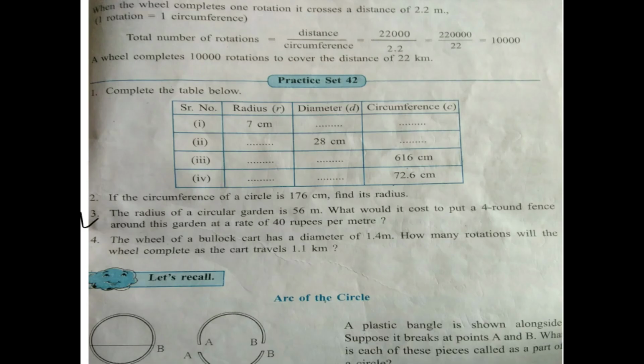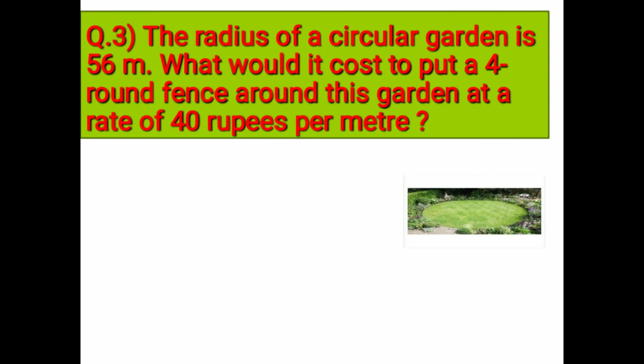Next, question number 3. The radius of a circular garden is 56 meter. What would it cost to put a 4-round fence around this garden at a rate of 40 rupees per meter? Okay, the radius is given. This is the garden, and this is the radius. The radius of a circular garden is 56 meter.